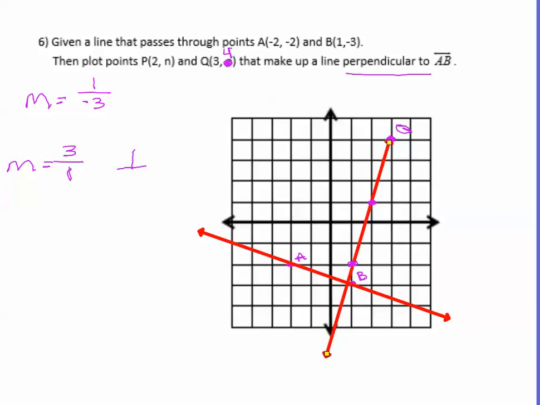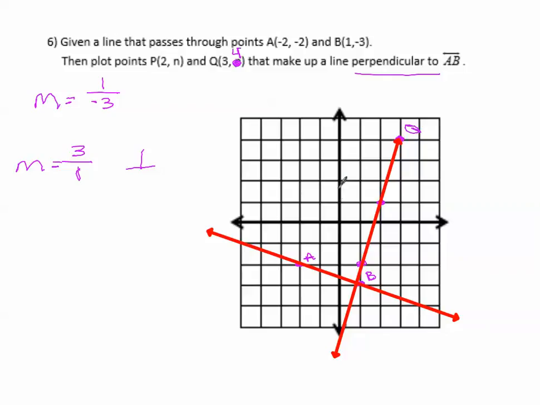So I have my perpendicular line. And even more important, I have P because I found the point on the line that is (2, something). In this case, it's (2, 1). So N is 1. Okay, so P is (2, 1). That makes N 1 since it's the y coordinate.